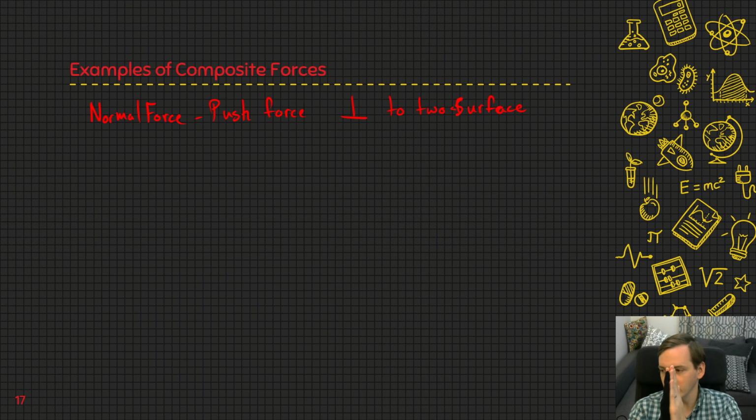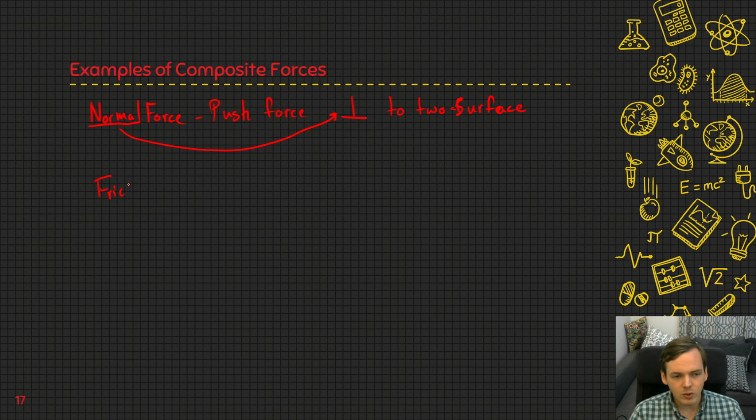Like my two hands, they're touching, and if I'm pushing them against each other, there's a push perpendicular to the surfaces. So that's our push force between those two. Basically any push that you can imagine, me pushing a grocery cart, me standing on the ground and the ground pushing me up, that's all normal forces. And normal is just a fancy physics and math way of saying perpendicular. So that's why we call it a normal force.